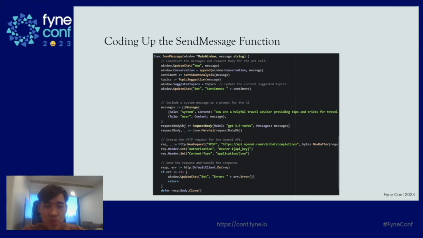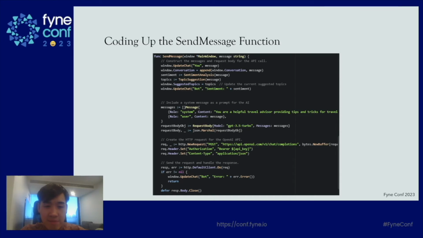Afterwards, we want to include a system message, which serves as a prompt for the AI. In this demo, we're showing how it can behave, for example, as a helpful travel advisor that provides tips and tricks for travel usage. And you are essentially the user here, and that's why your messages are displayed under user.